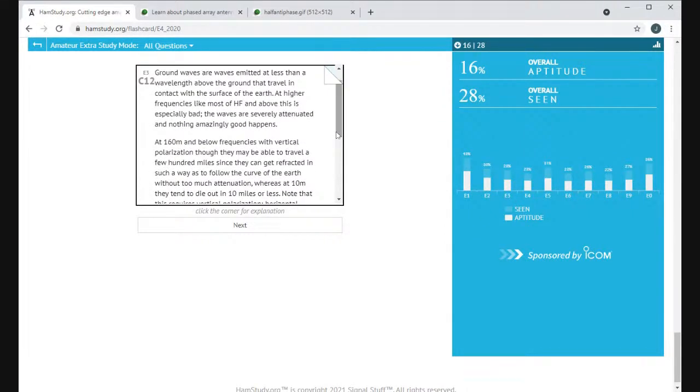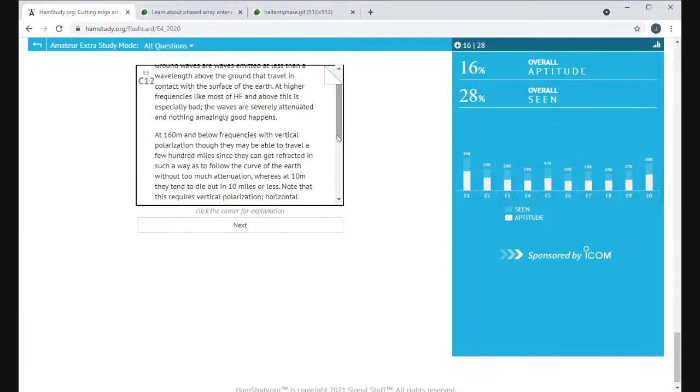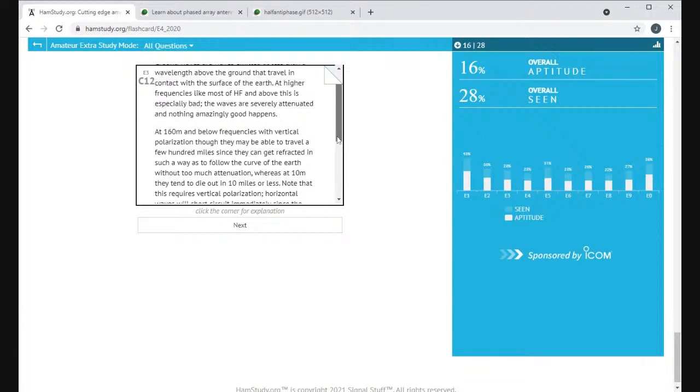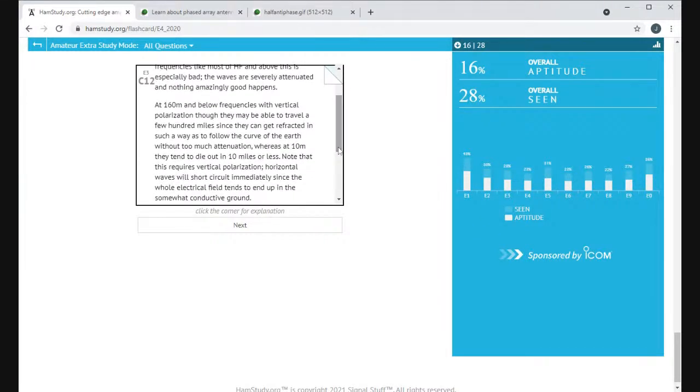At 160 meters and below, frequencies with vertical polarization might be able to travel a few hundred miles, since they can get refracted in such a way as to follow the curve of the Earth without much attenuation. Whereas at 10 meters, they tend to die in about 10 miles or less.